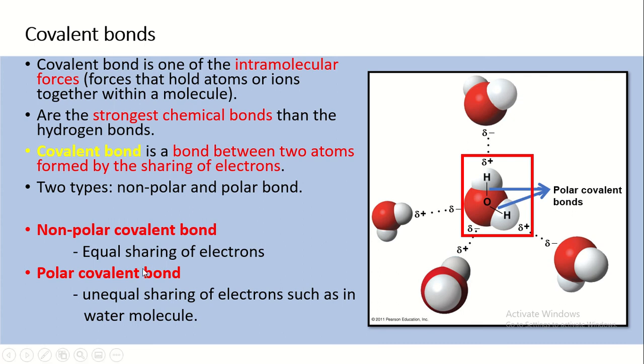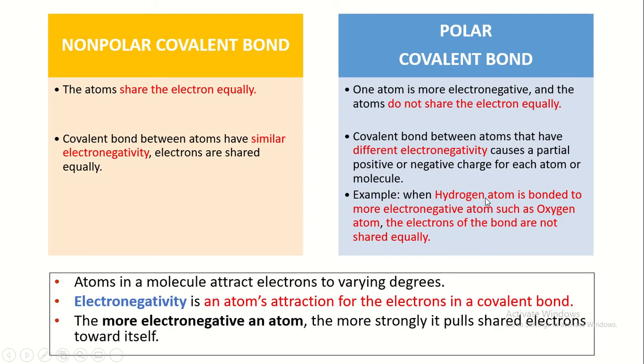Non-polar covalent bond is where the atoms share an equal number of electrons. Meanwhile, polar covalent bond refers to the bonding between two atoms in which they share an unequal number of electrons, such as you can see in this water molecule.